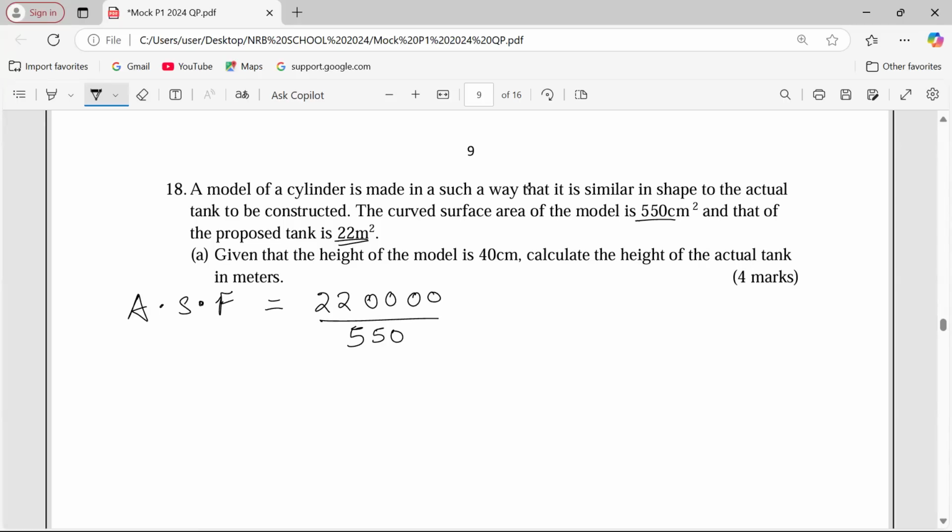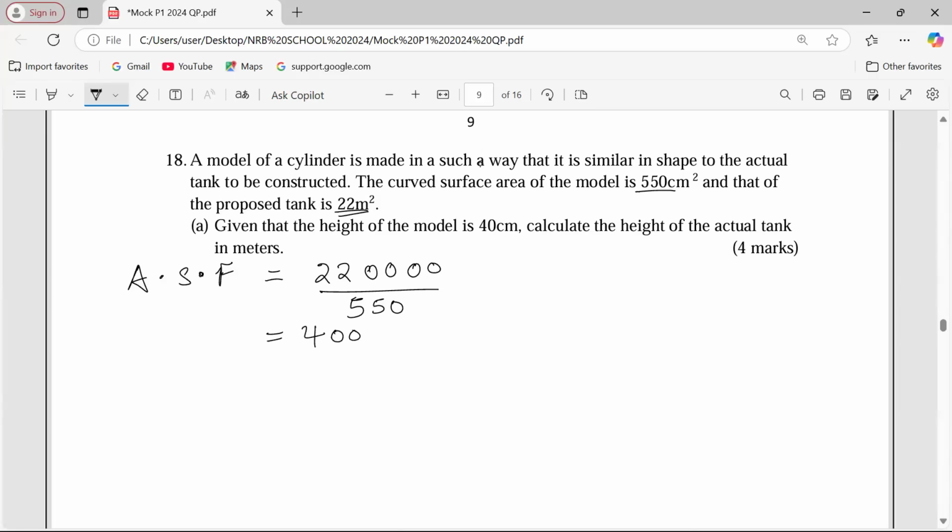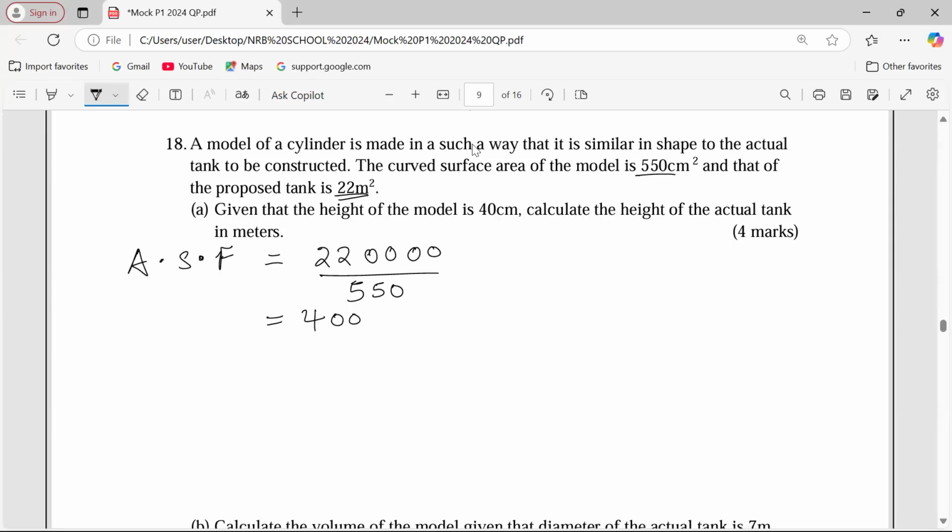So the area scale factor shall be 220,000, and we divide this by 550. I'm getting 400. That is the area scale factor, which means we can get the linear scale factor by simply taking the square root of the area scale factor.